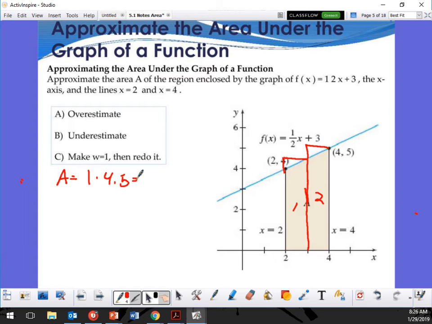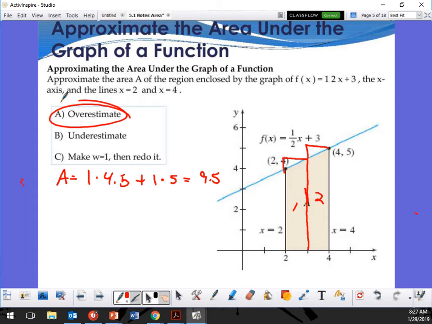Which gives me 4.5 plus, what's my width for the other side? 1, times my height, 5. So this is an overestimation: 4.5 plus 5 gives me 9.5.